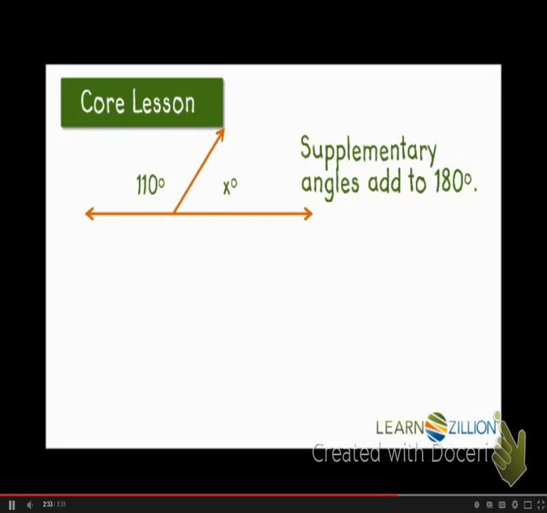Well, since our floor we can think of as our straight angle, we know that the two angles 110 degrees and x degrees are supplementary angles. That means that 110 degrees plus x equals 180 degrees. And by subtracting 110 degrees from both sides, we get the solution x equals 70 degrees.